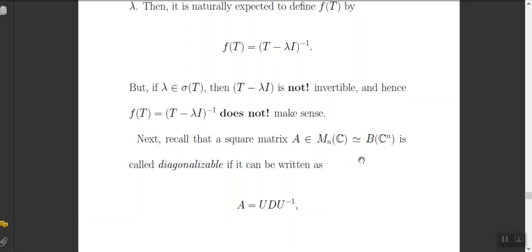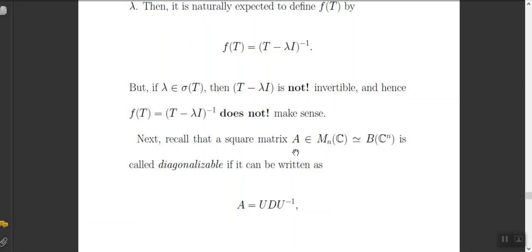Do you remember that if we are talking about a bounded linear operator on a finite dimensional space, let's say an n-dimensional Hilbert space, we are simply talking about matrices or matrix algebra. Every bounded linear operator T corresponds to a matrix like A, right?